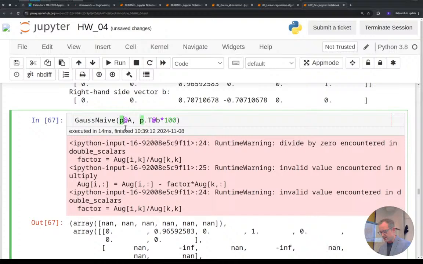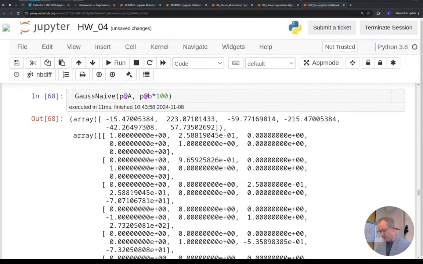Or is it just P times A? I think P times A. Yeah, just P times A. P times B. Pretty sure. So it'll rearrange the equations just to get it into something that will work for Gauss elimination.